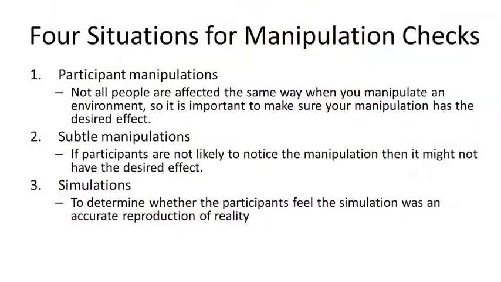But then there's that experimental realism, which you could also just call immersion. So if you do a simulation of any kind, you want to know about those two different kinds of realism. You want to know if the participants felt like it was the real thing and they felt like they were in that situation, if they felt immersed in this simulated environment.